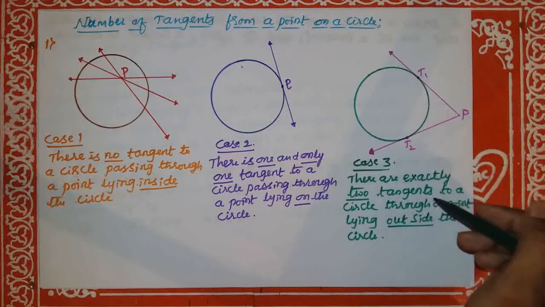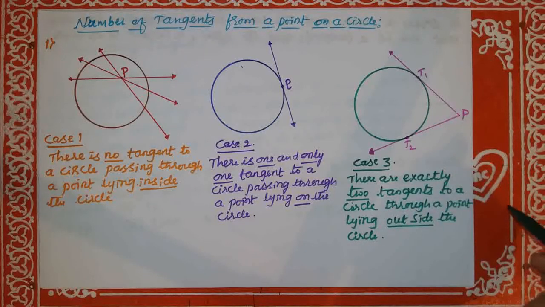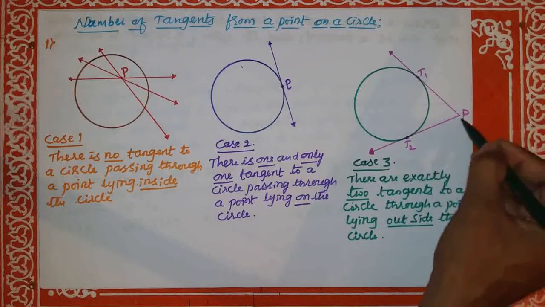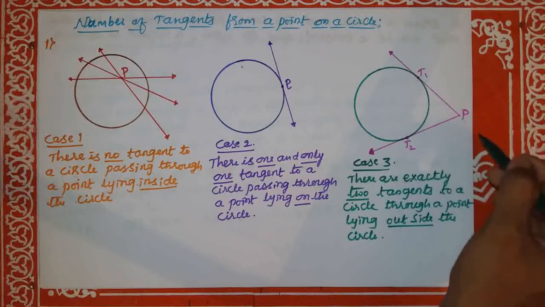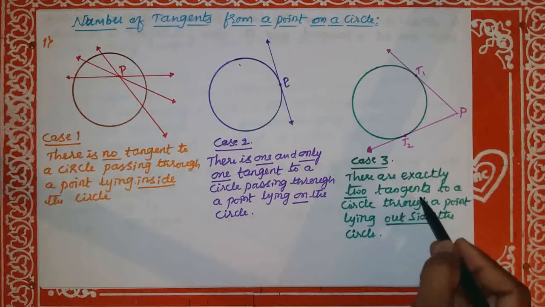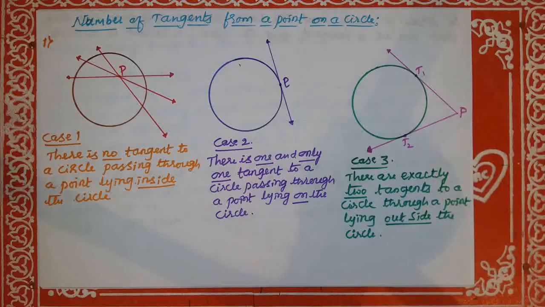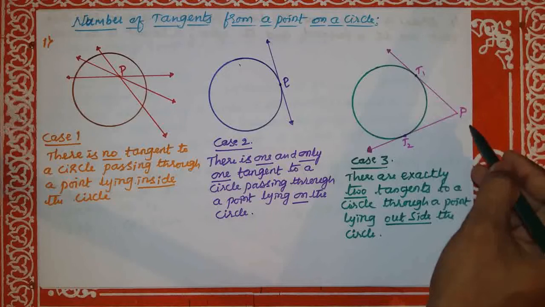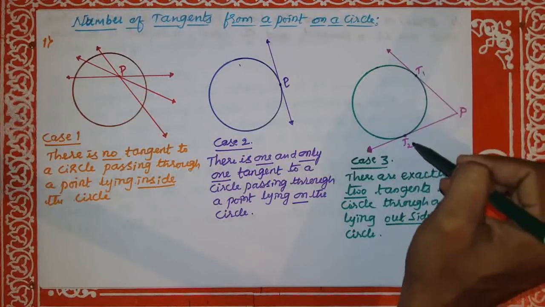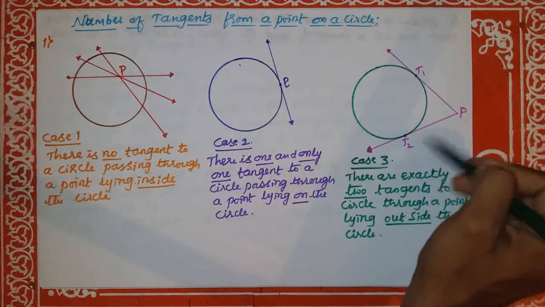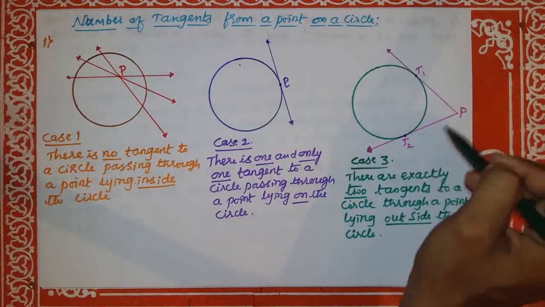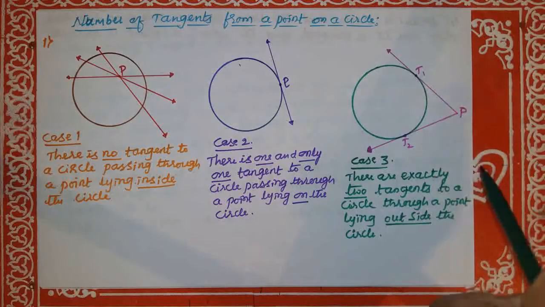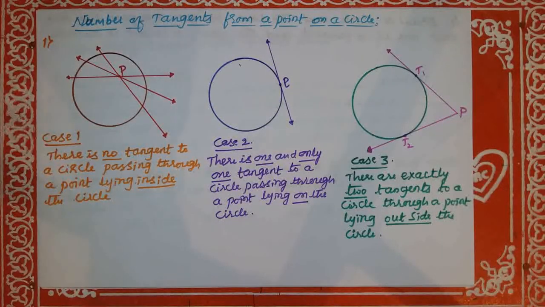There are exactly two tangents to a circle through a point lying outside the circle, that is P. P is an external point. We get only two tangents from the external point, that is PT1 and PT2. These two are the required two tangents of a circle. Okay, this is very important.